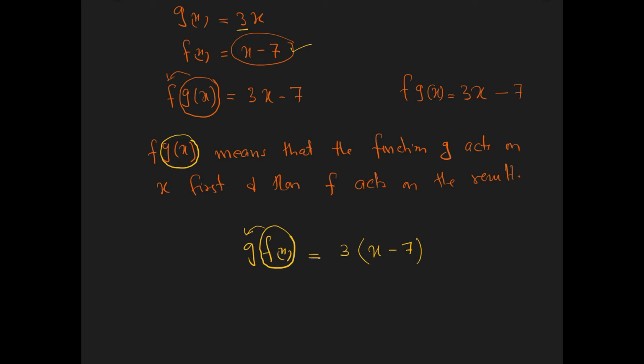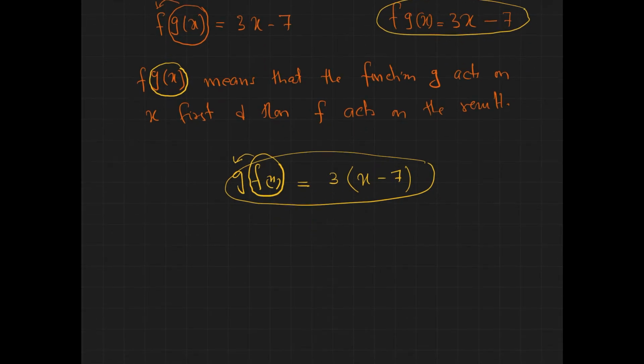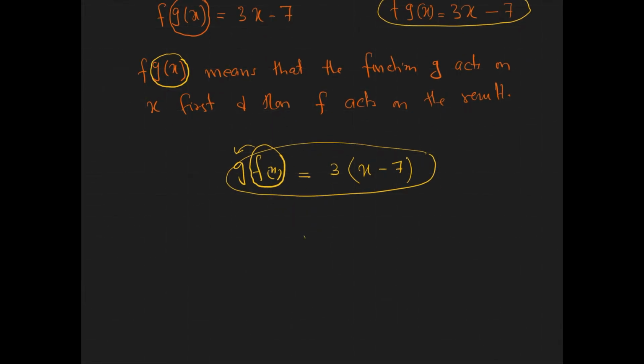You can see that fg(x) and gf(x) are not the same, so we can conclude that g of f of x is not equal to f of g of x. It is not multiplying g and f, it is basically applying g onto f or f onto g.